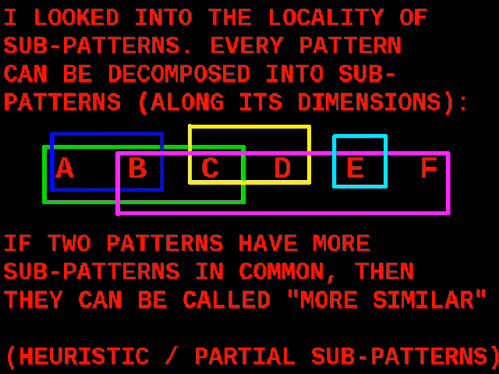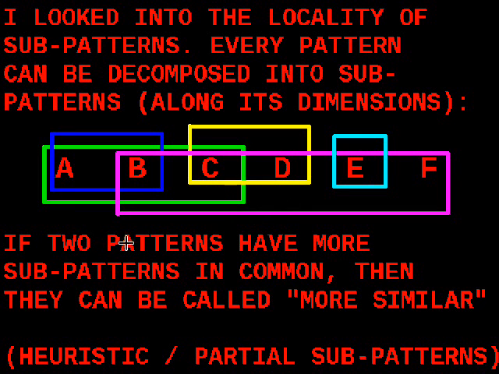You can say that every pattern element has some sort of environment around it which should be kept up for as much as possible in order to cause a more similar evaluation. So I'm saying you're looking around groups of sub-patterns along the dimensions of the pattern, and you're saying the more such are in common between two patterns, the more similar you can call them.